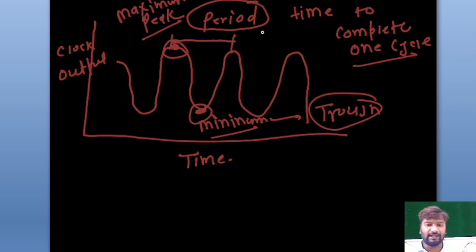So what is the period? Period is the time to complete a cycle from peak to peak. So it completes one cycle.